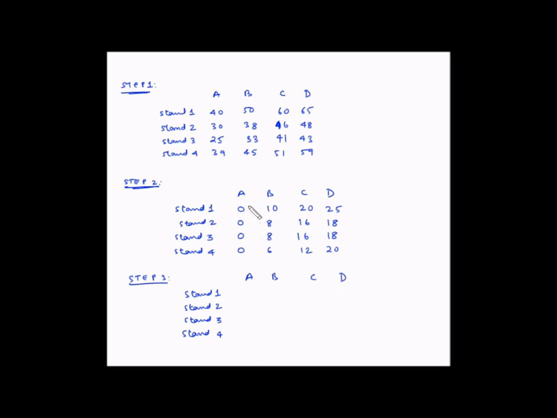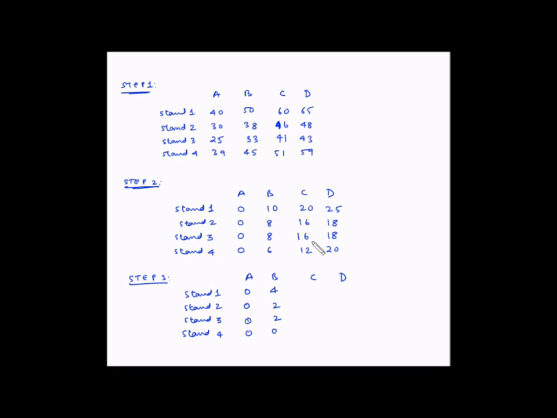Now in step 2, the first column already has 0, so we'll copy it as it is. In the second column, the lowest element is 6, so let's deduct 6 from each of the elements. So we'll get 4, 2, 2, 0.